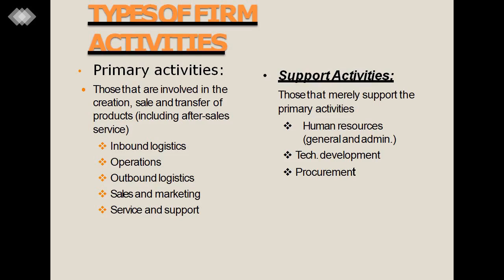All of these are primary activities. And the support activities, those that merely support the primary activities, like human resources, general and admin, technological development, and procurement, are all supportive activities.